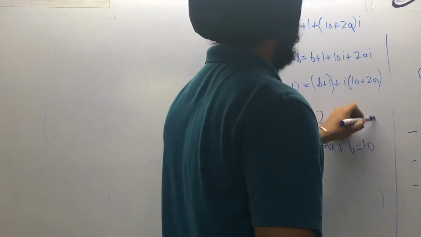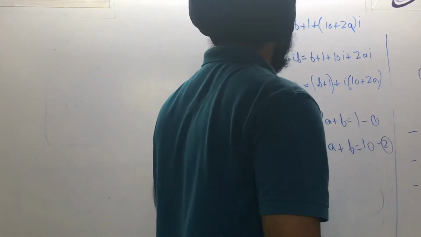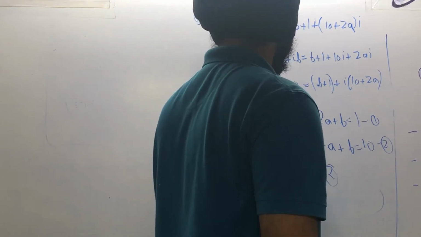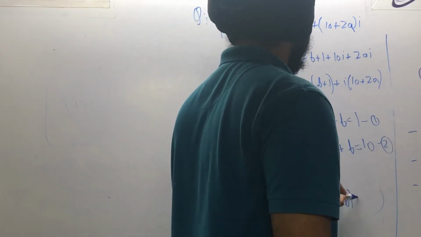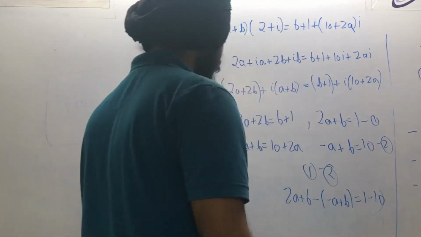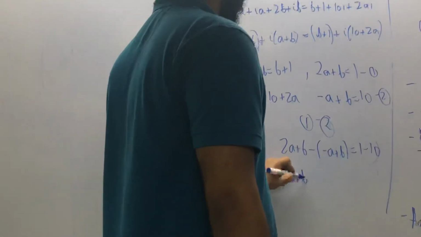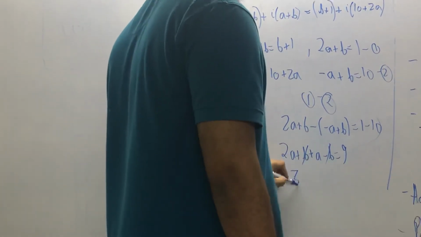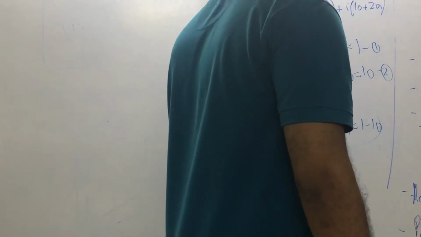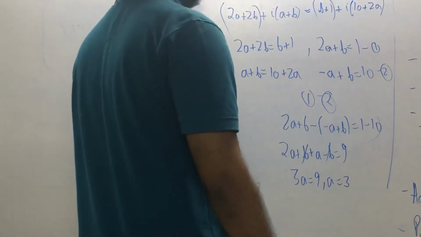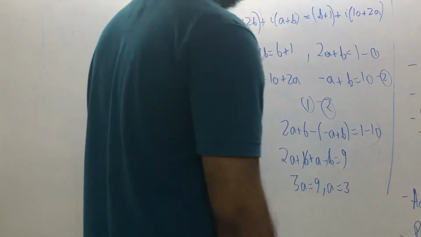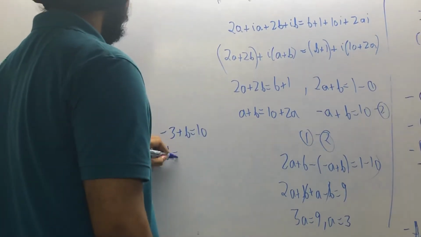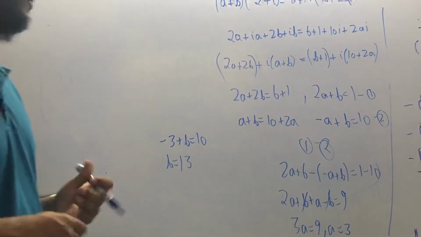I will subtract these two equations. b cancels, 3a is equal to 9, a is equal to 3. Okay, now what is the value of b? Minus 3 plus b is equal to 10, so b is equal to 13. A is 3 and b is equal to 13.